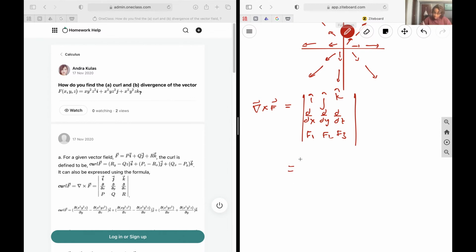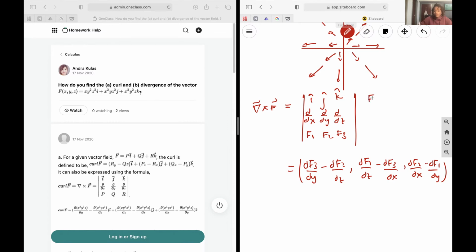And so it is df3/dy minus df2/dz, df1/dz minus df3/dx, and lastly df2/dx minus df1/dy, I believe, yeah.